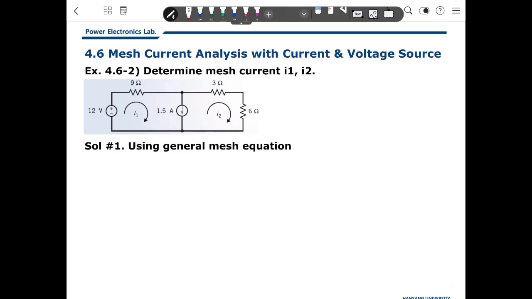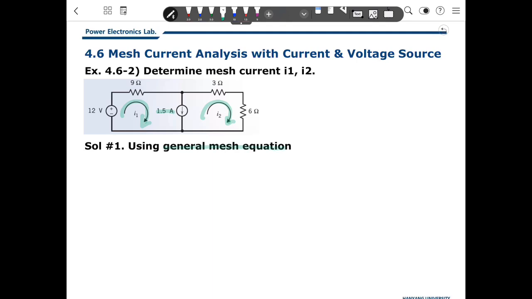At first, we need to make a mesh here. So that is mesh 1, and there is mesh 2. Then there is the current source here. At first, we will solve this problem using the general mesh equation.